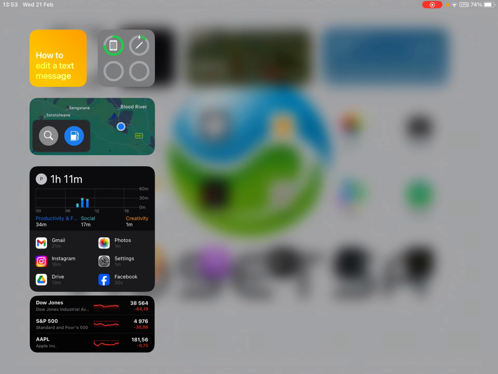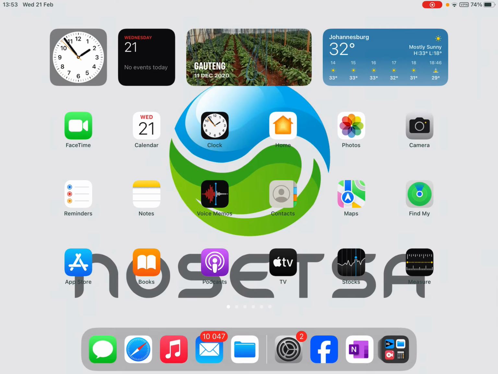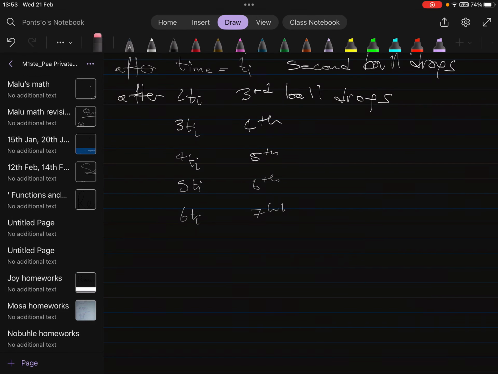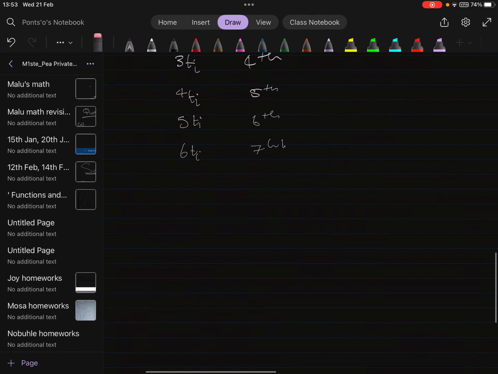Okay. Anyway, so we know that the time intervals are like that. Now, if we are to describe the motion, or rather the events mathematically, we would have to use some creativity. The first ball, we'd have to consider that the first ball hits the ground when the 9th ball is dropped.